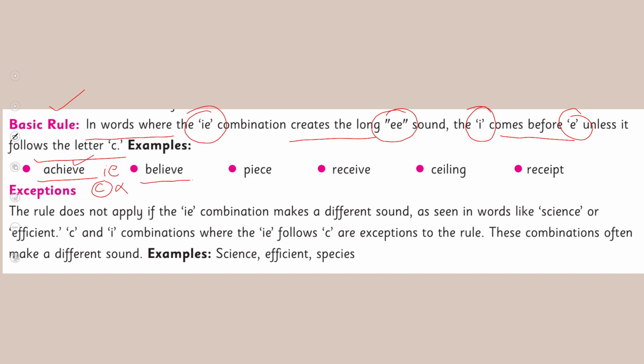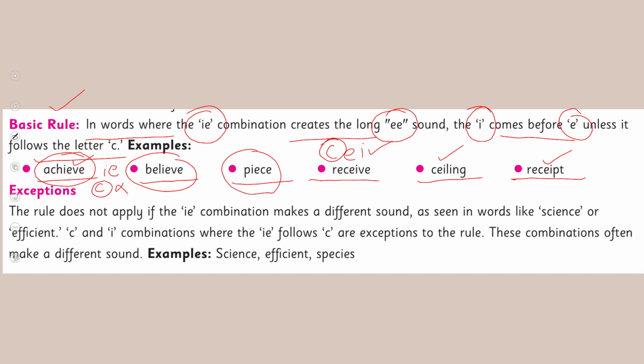Achieve, believe, peace, receive. Now here you can see that IE does not come, rather EI comes because it is after the letter C. So this is how I before E except after C works. Ceiling, same. Receipt, same. You have EI after C. Here you just have IE because there is no C available.